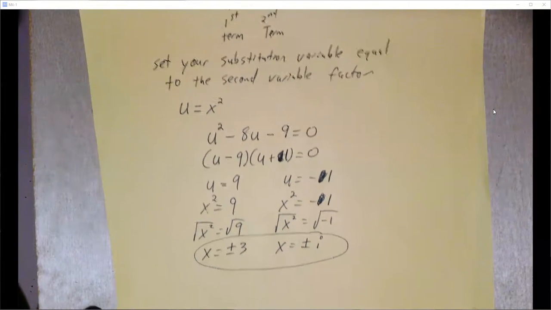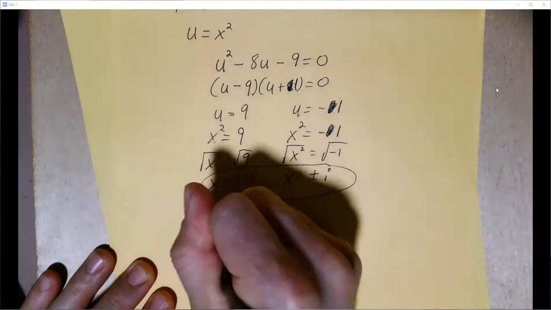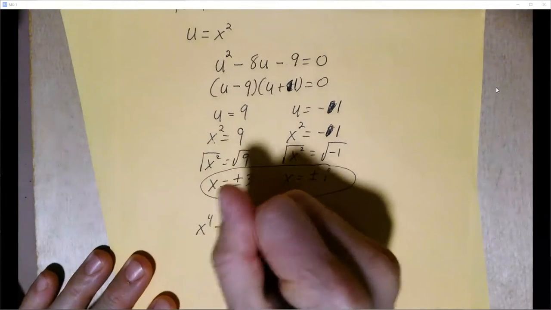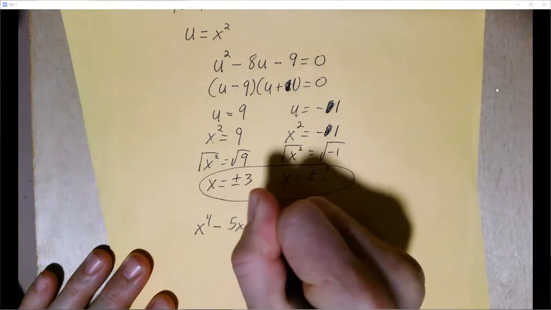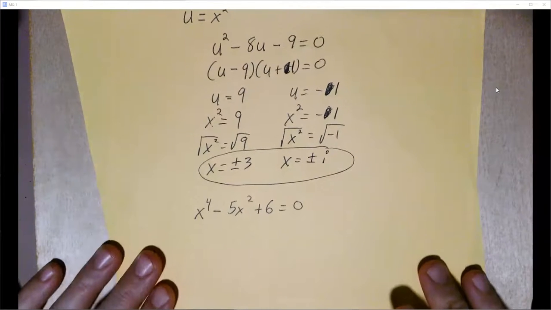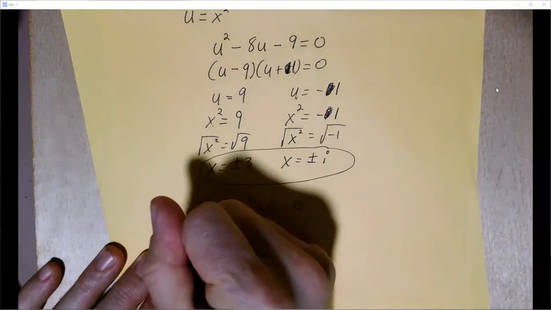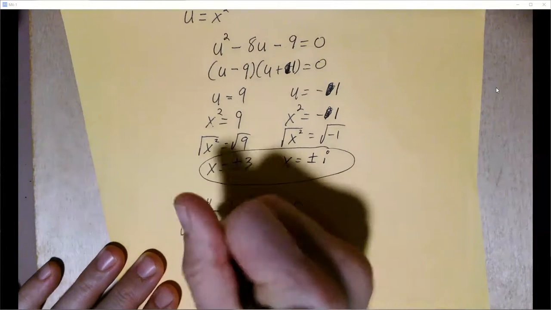Okay, we'll do another one like this. Say I have x to the fourth minus 5x squared plus 6 equals 0. Again, if I square my middle term, I get my lead term, so I'm going to use u again. I'm going to set u equal to x squared.